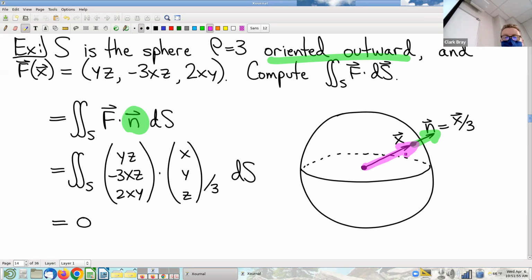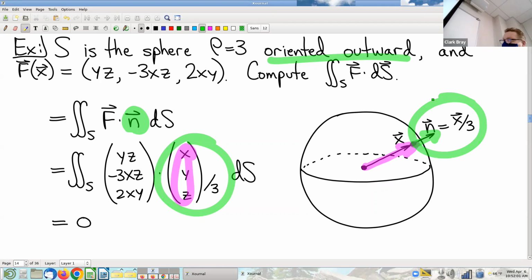In fact, it's the position vector divided by 3. Because spheres are awesome. Well, a sphere centered at the origin. Everybody with me there? Now, I didn't have to do any trig. I didn't have to do any cross products or partials or nothing. Just geometric observation.